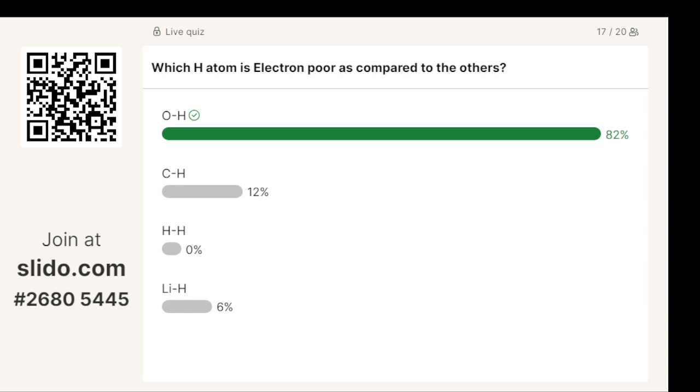That's the second most electron-poor one. The carbon will pull electron density from the hydrogen, just not as much as the oxygen. That's why the CHs are more acidic than the other options there. The LiH is actually electron rich. Hydrogen is more electronegative than the metal. That's actually how you can make hydride, which is the H minus, a negatively charged hydrogen.